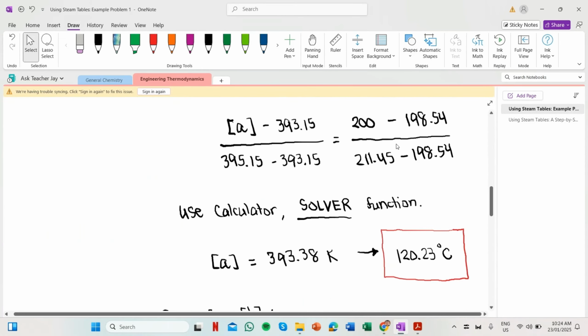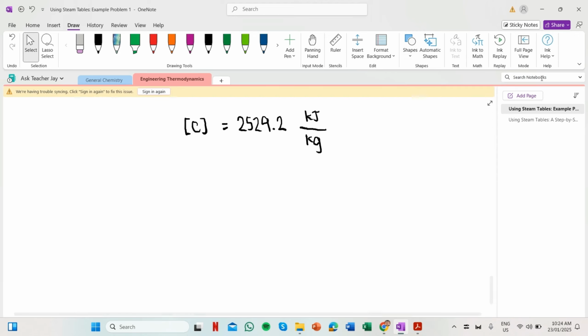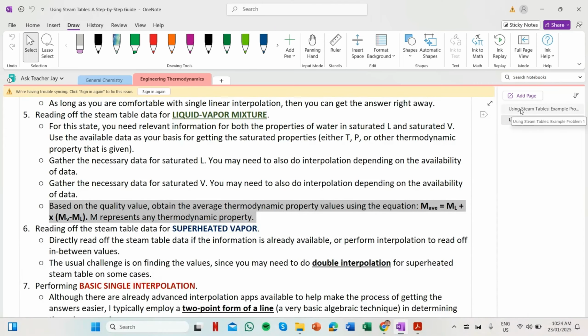This means you can replace M with internal energy, enthalpy, temperature, or even entropy, as long as you are required to determine the average thermodynamic property.